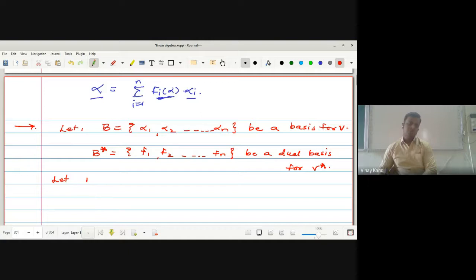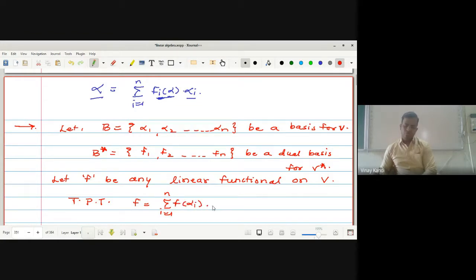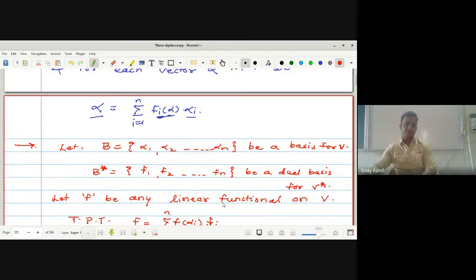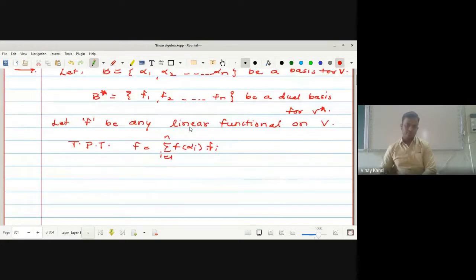Let small f be any linear functional on capital V. We have to prove that this f we can write in the form of summation i running from 1 to n f of alpha i into fi. Okay, first statement. First one, since B star is basis of V star.